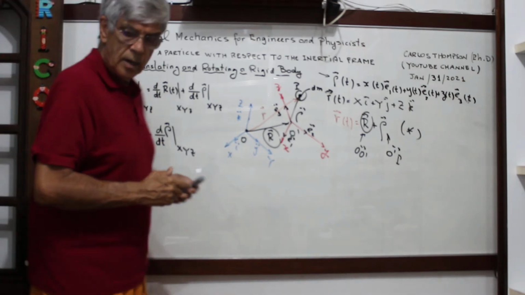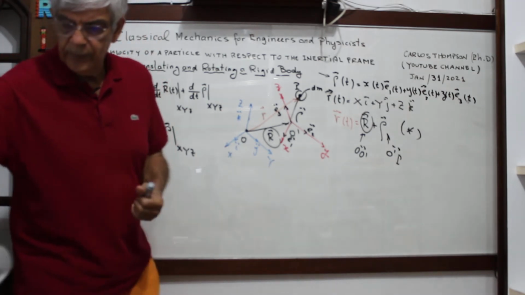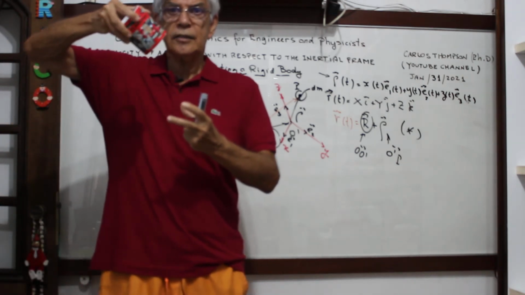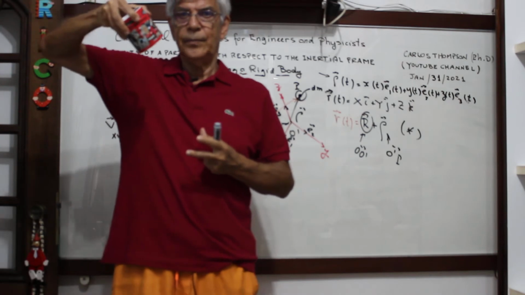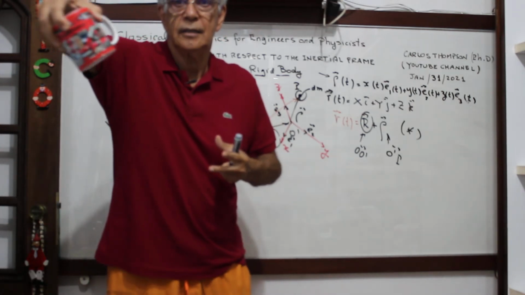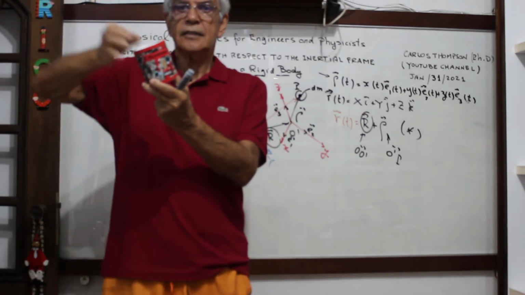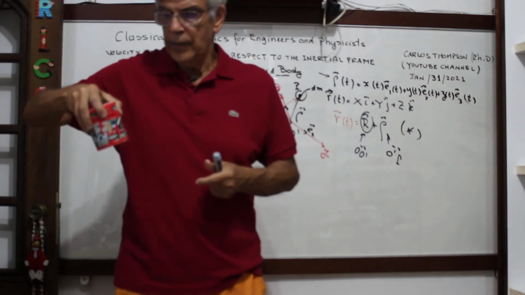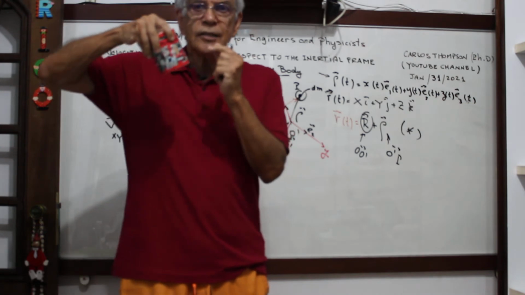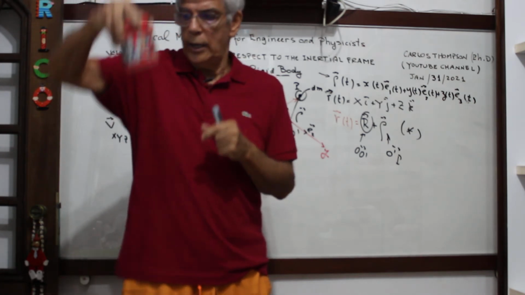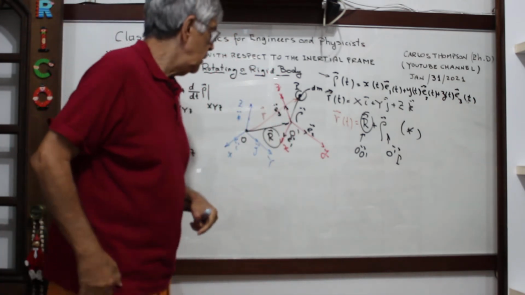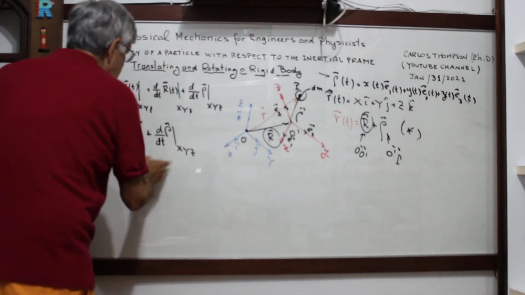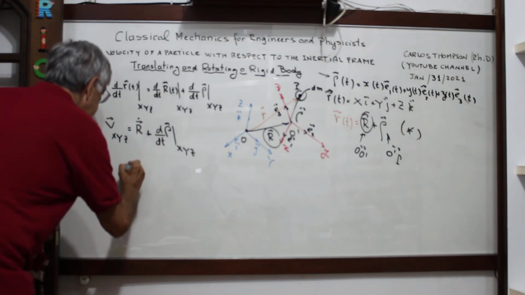So I have a body, and it rotates and translates. Here there is an axis of rotation. I'm analyzing just a particle of this rigid body, that's at point P.